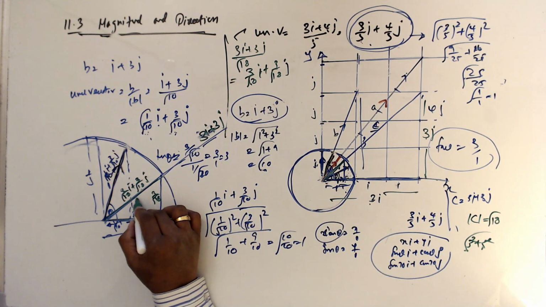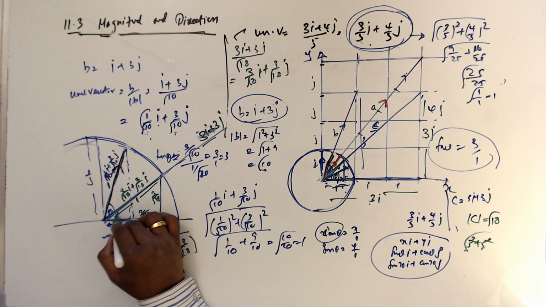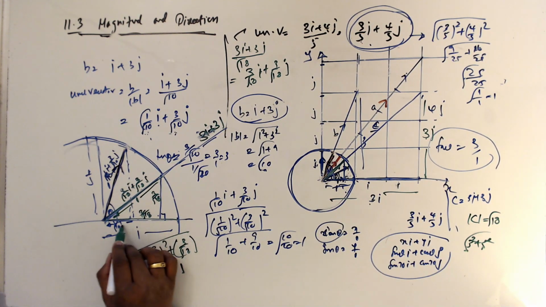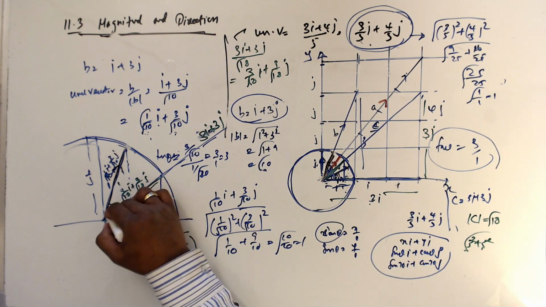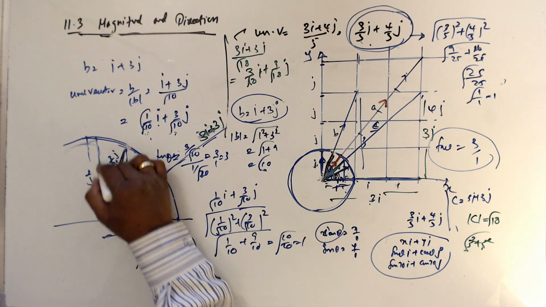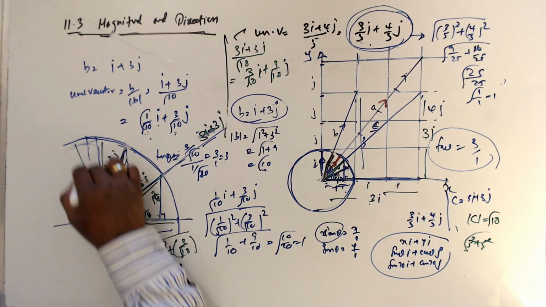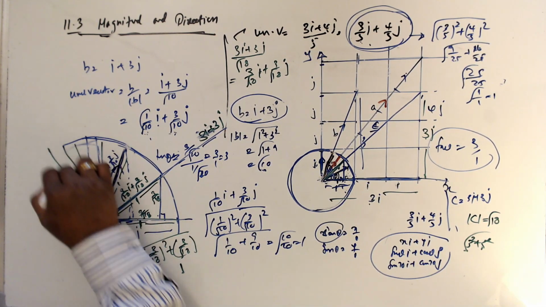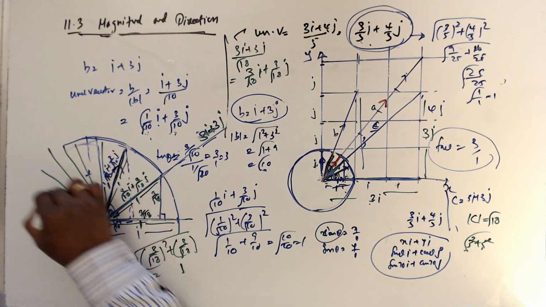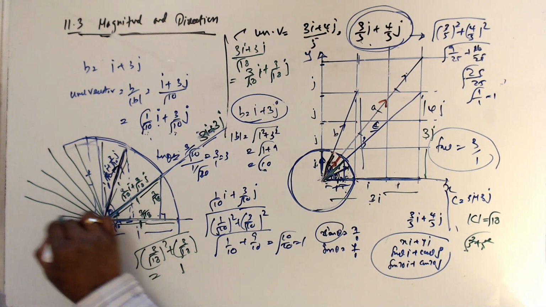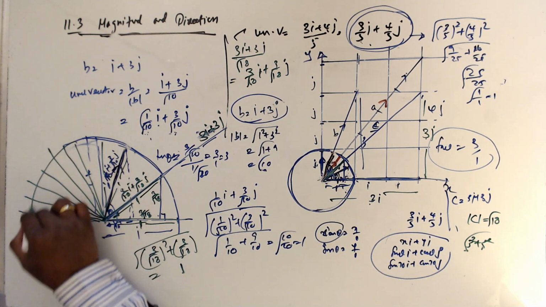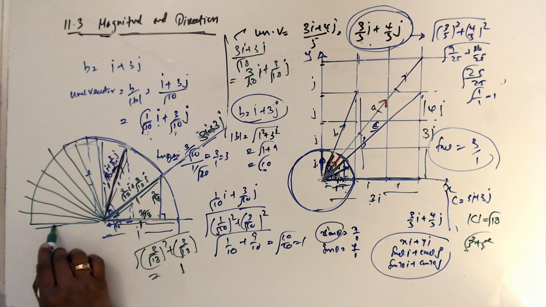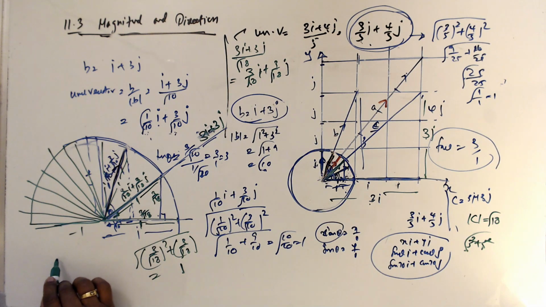It means the size of this one is 1. It's true, isn't it? This is a circle with 1 unit, and it's for this direction. So likewise, we can express any direction in terms of x and y. So this is going to be minus i, this side. So minus 1.